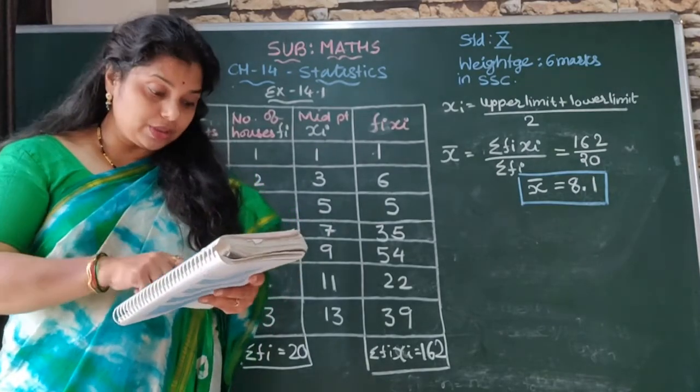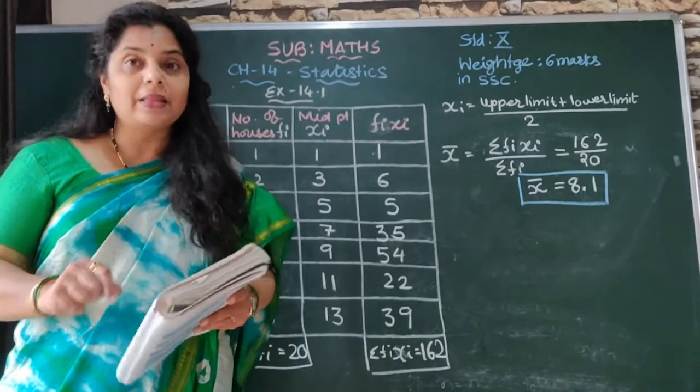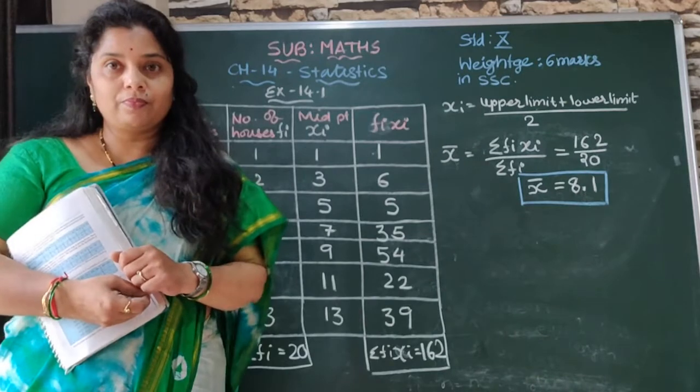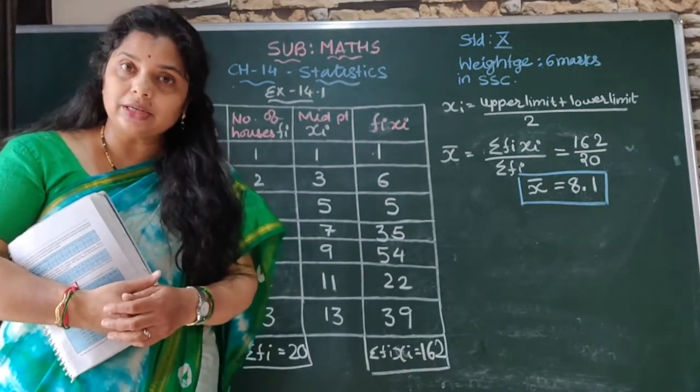Okay, and the last question asked is, which method did you use for finding the mean and why? It means they want your justification also. If you select this method, then give a justification for why you selected it.